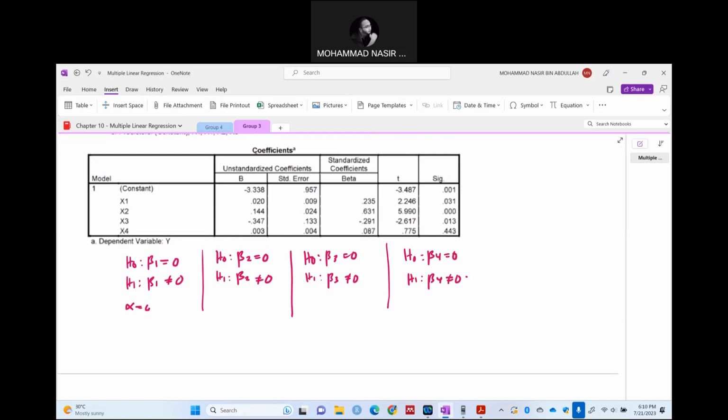So alpha equal to 0.05, right? And test statistic. So we are using p-value. So this is p-value for the first one is 0.031. This is p-value for number 2 is less than 0.001, because this is not actually 0.